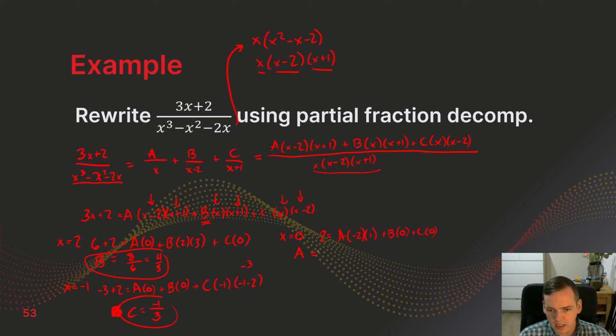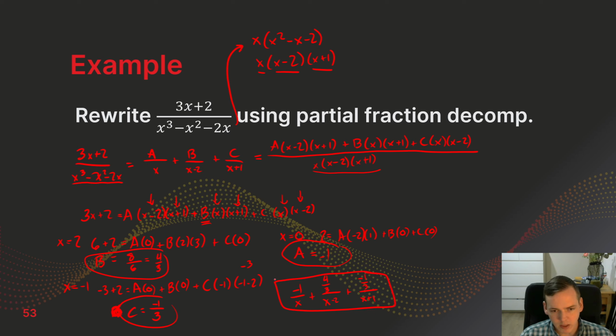So in other words, A is equal to negative 1. So now we've solved for A, B, and C, and now it's just a matter of going back up and plugging those in. So negative 1 over x plus 4/3 over (x minus 2) plus negative 1/3 over (x plus 1).